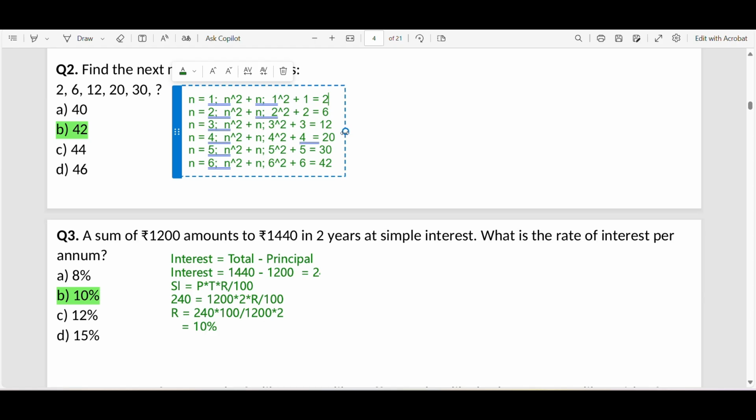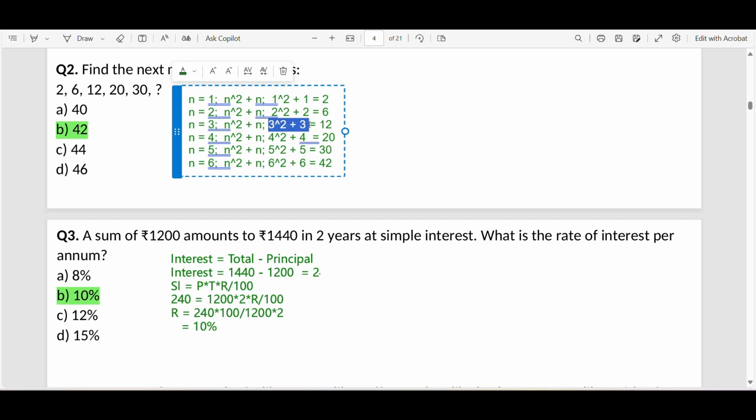Yes, that is correct. The first position is 2, 2 itself, and the second one is n equals to 2, and n square plus n means 2 square plus 2 will be equals to 6. That is also correct. And next we are having n equals to 3, where n square plus n again. So n is nothing but 3.